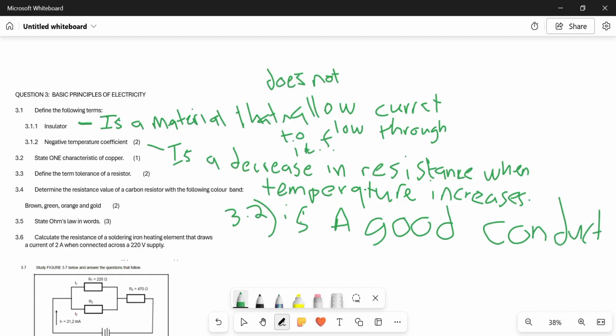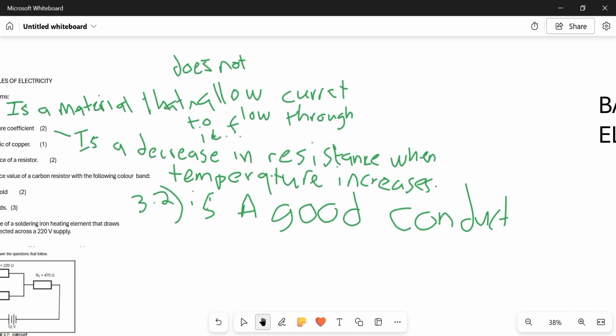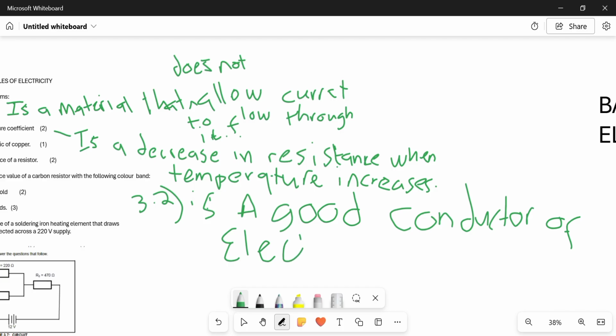Sorry guys if I'm slow here, my network is bad.